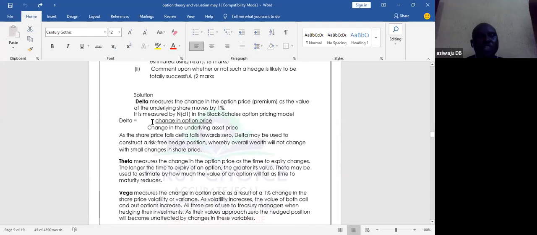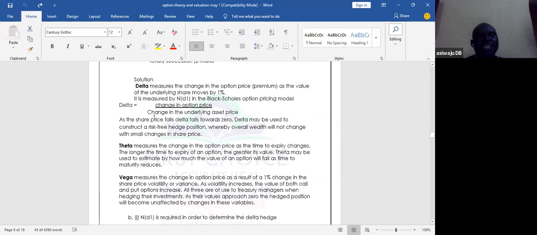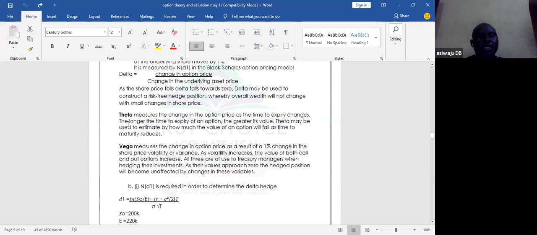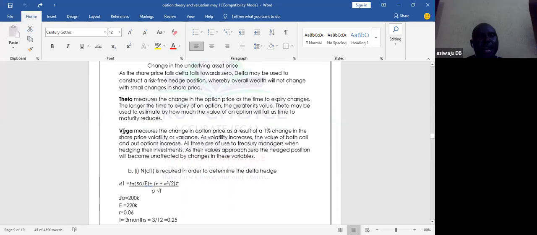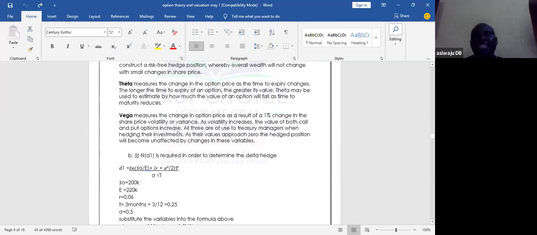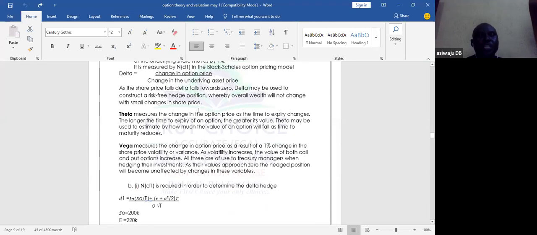This is the response to the A part of the question: the definition of delta and vega as required by the examiner. Please note the highlighted is the response to the A part of the question.